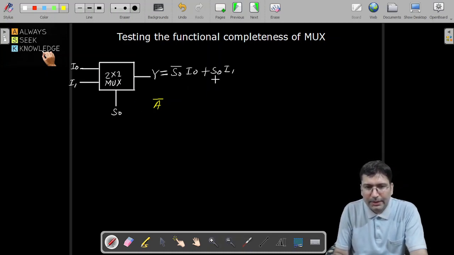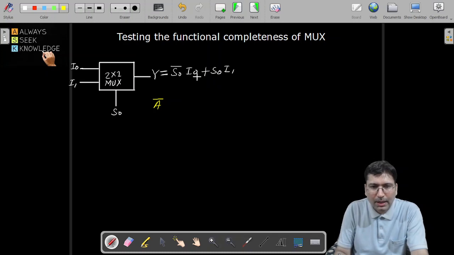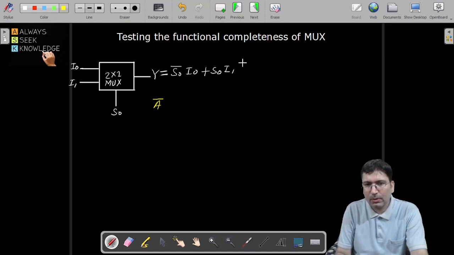Now when you look at it, I0 and I1 we cannot convert into complement because these are given as positive. There is no complement on I0 and I1. Similarly S0 here.